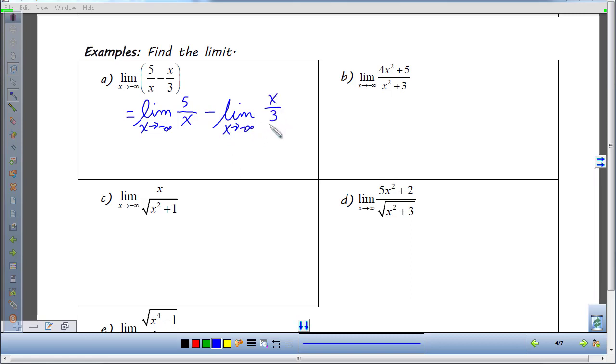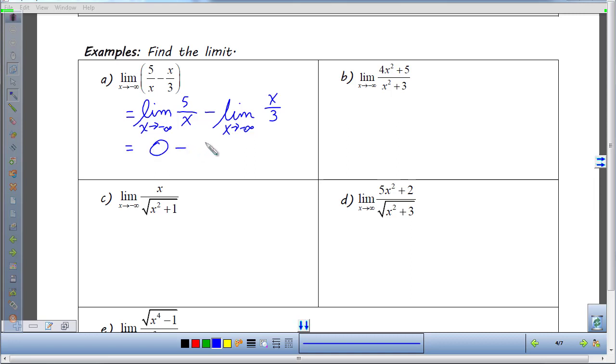Okay, well, this first one is actually in the form of the theorem that we just looked at. Okay, we've got a constant over x to some power, and so according to that theorem, this limit is going to be 0.